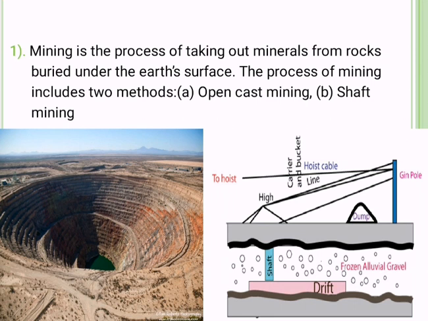That type of collecting method is called open cast mining. The minerals that lie at shallow depth are taken out by removing the surface layer. That is called open cast mining.